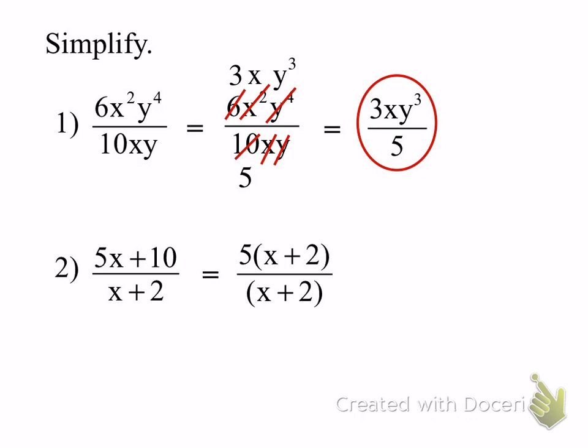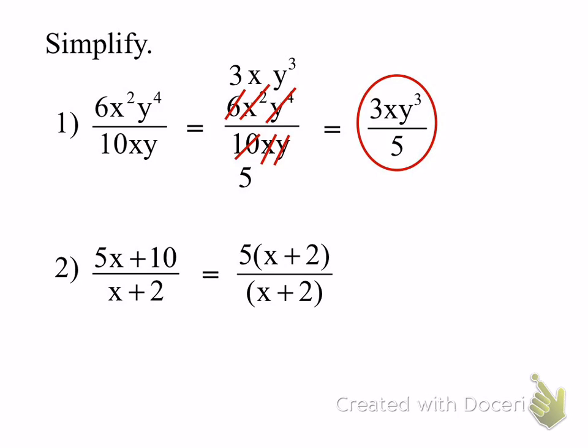Once I factor, you will notice I am left with a binomial that is exactly the same. Now I may cross-cancel because the golden rule is you may only cross-cancel a binomial if it's exactly the same. So if this were x plus 2 over x plus 3, you can't just cross out the x's. It's like taking a piece of a body.